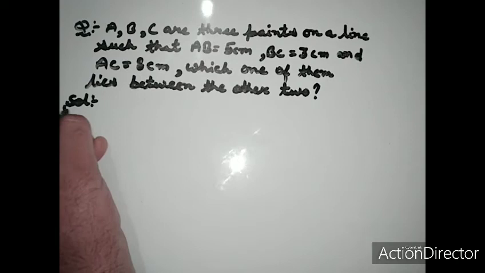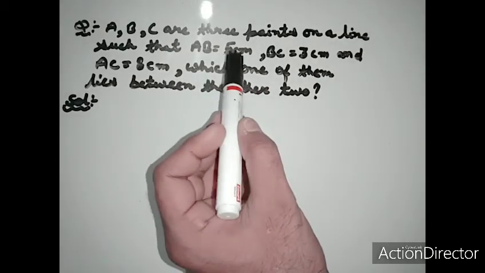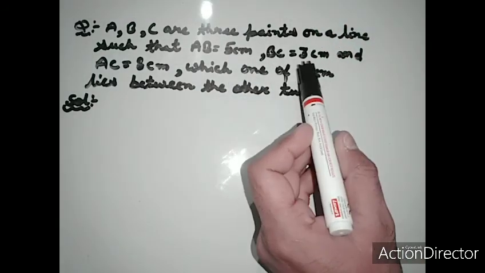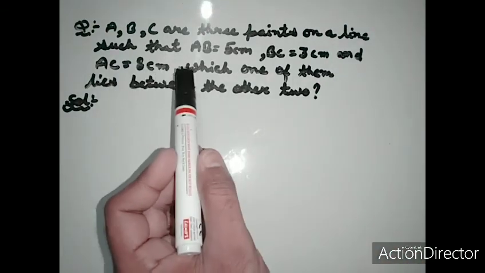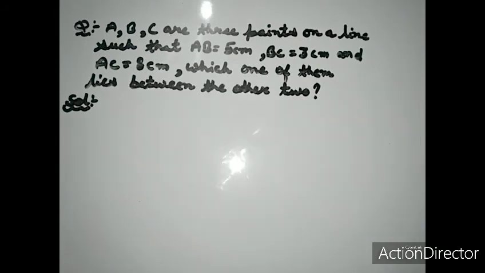Okay, so we write the solution here. The question is A, B, C are 3 points on a line such that AB equal to 5 centimeter, BC equal to 3 centimeter, and AC equal to 8 centimeter. Which one of them lies between the other two?